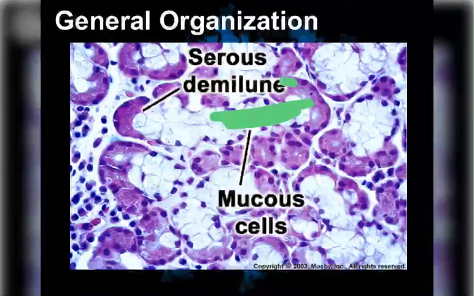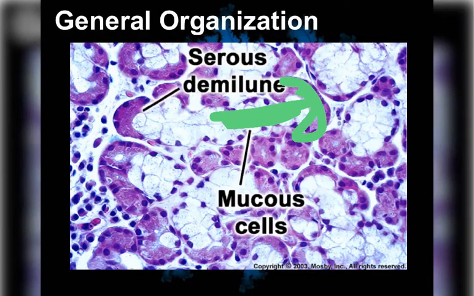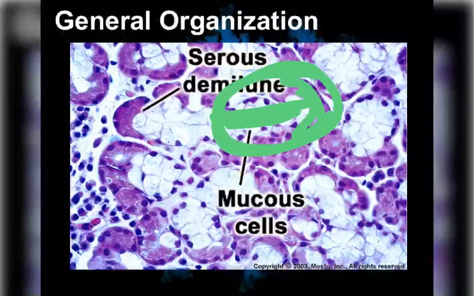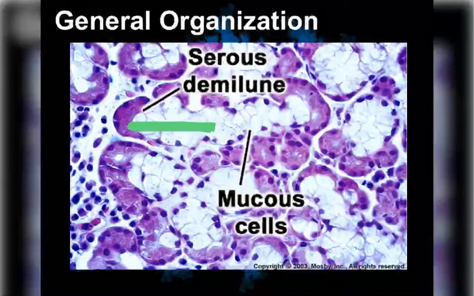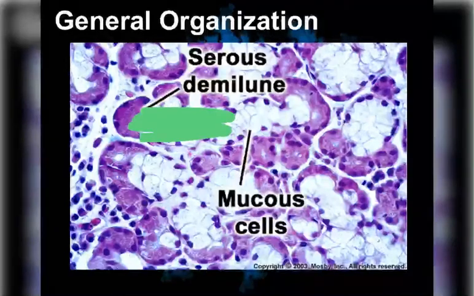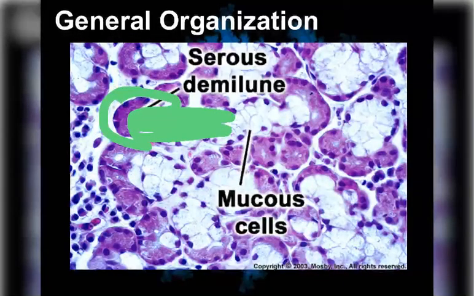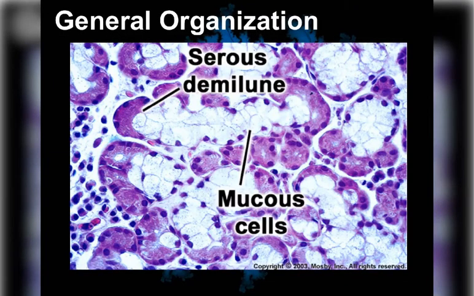Mucus tubule, serous demilune. And this secretory end piece is considered a mixed secretory end piece. Here, same thing. You have a mucus tubule, at the end we have a serous demilune. This secretory end piece is also considered mixed.